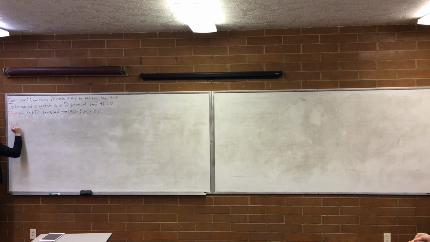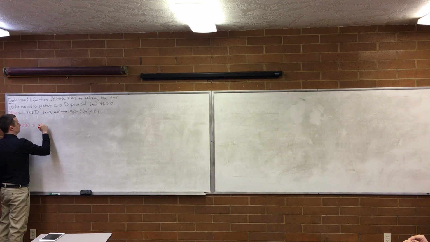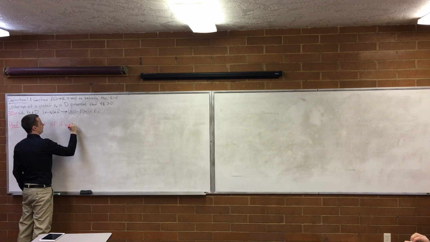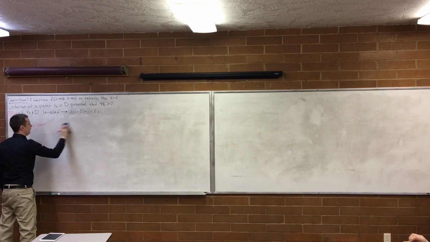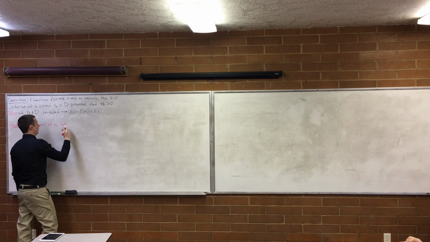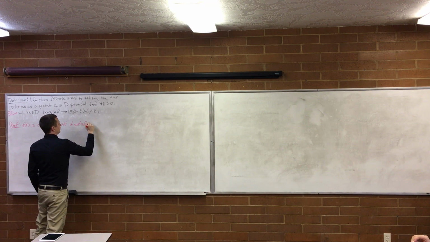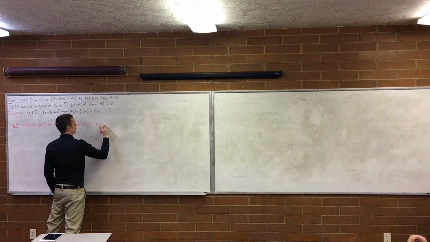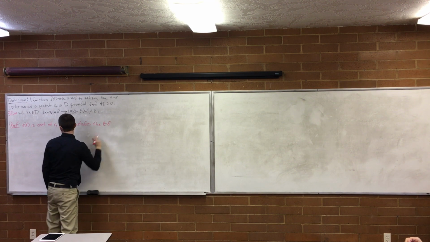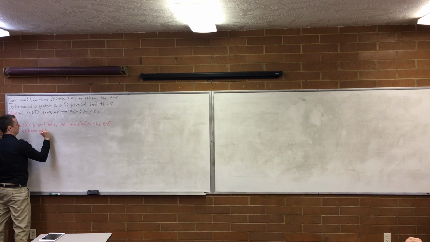In other words, f of x is continuous at x naught if and only if it satisfies the epsilon delta criterion at x naught.